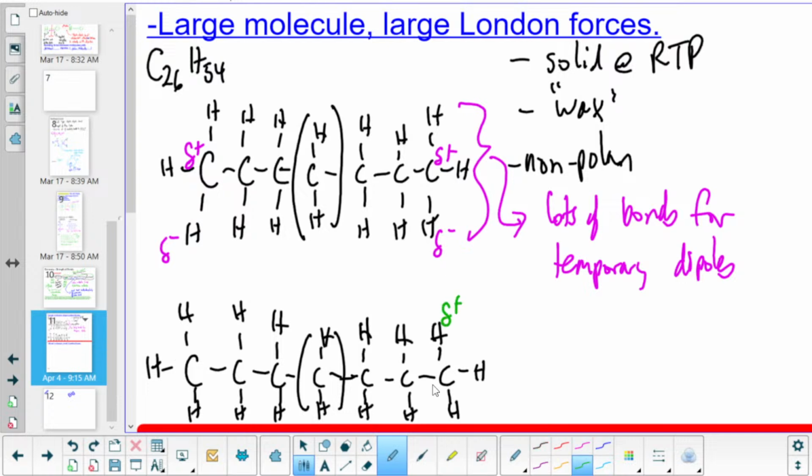We could have a slightly positive one there with a slightly negative here, slightly positive there, slightly negative there, and then we have another opportunity for a temporary dipole-dipole bond. So this is the London force.